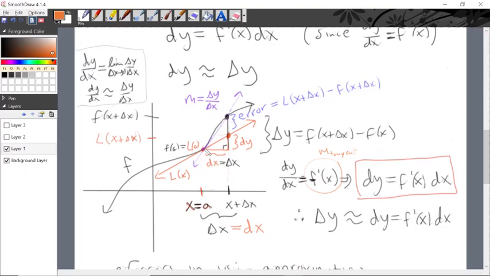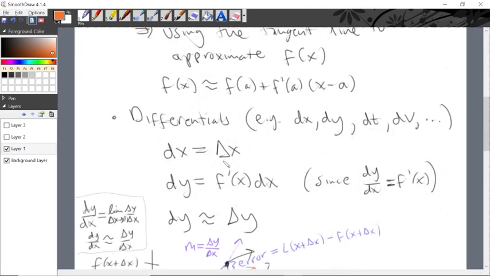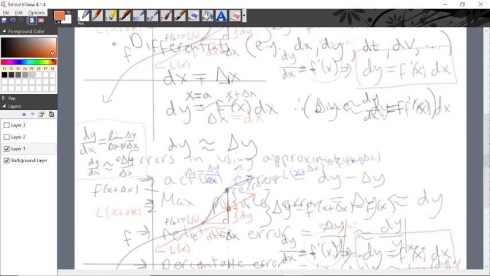As long as we have differentiability of the curve at the fixed point, we can move out along the tangent line and use a value on the tangent line and know that it is an approximation for whatever value we would have expected to have found, if we could have found it. So differentials are the dx's, the dy's, dt's, dv's, dh's, the terms that are found in the numerator and denominator of our derivatives in the Leibniz notation.